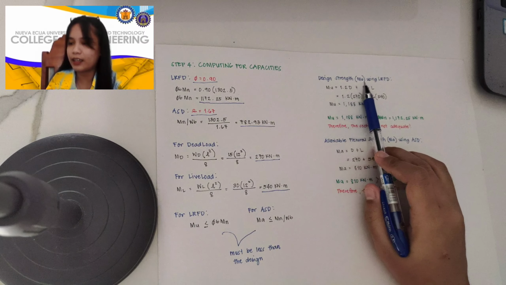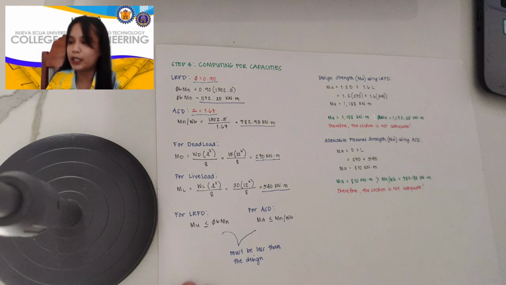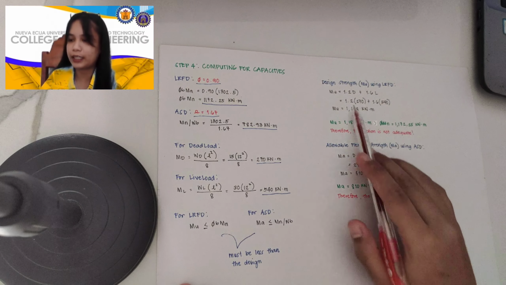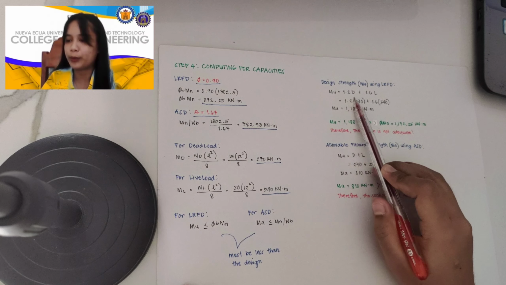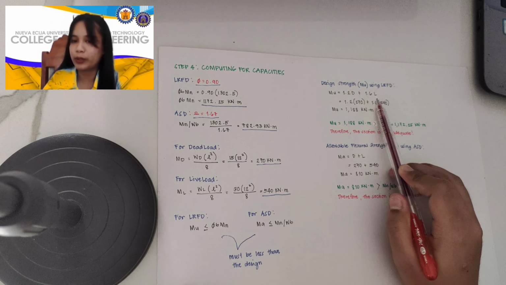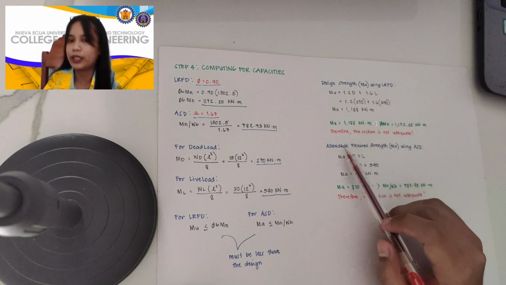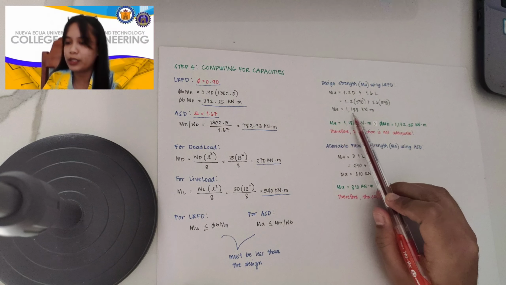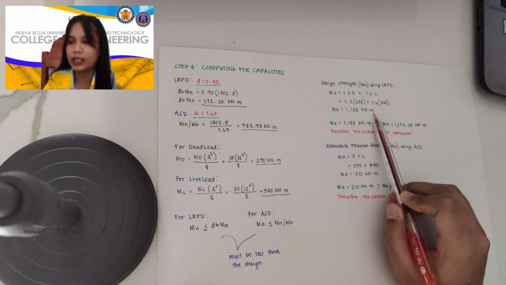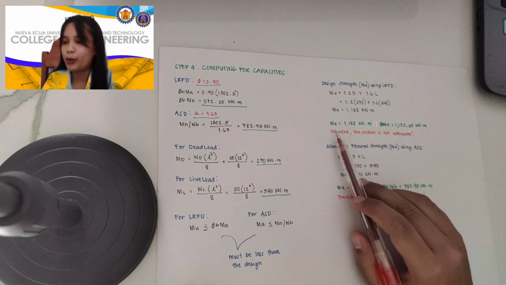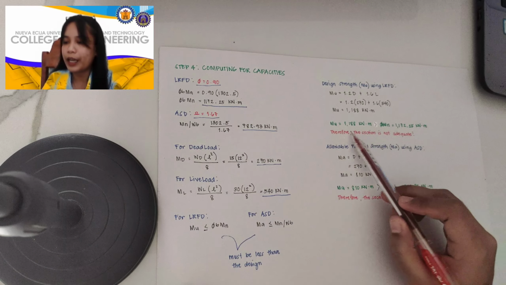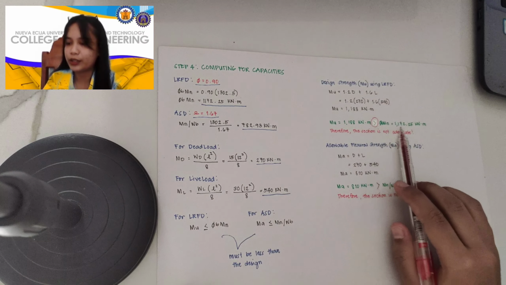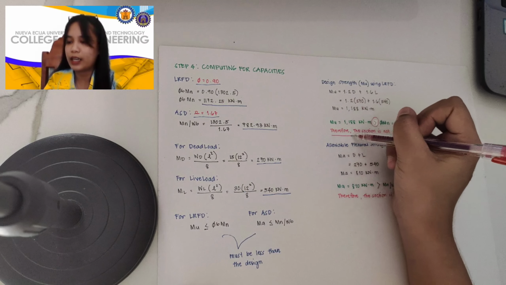For the design strength, Mu using LRFD, we will be using the given load combination based on our code. So Mu is equal to 1.2 times the dead load plus 1.6 times the live load that we got earlier. By substituting, we have Mu is equal to 1,188 kilonewton meter, where our Mu is greater than the capacity. Therefore, the section is not adequate.